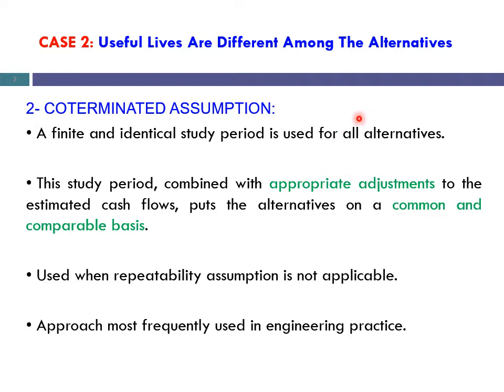Okay, so in order to compare these project alternatives on the same time period, we need to do some appropriate adjustments on the cash flows of the alternatives so that these alternatives come into a common and comparable basis. This approach is used when the repeatability assumption is not applicable, and it is the most frequently used in engineering practice.